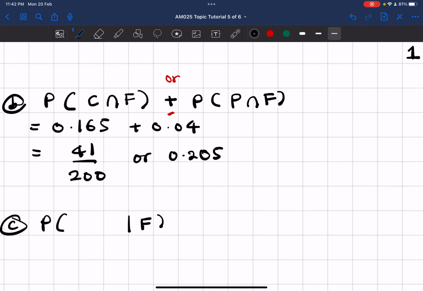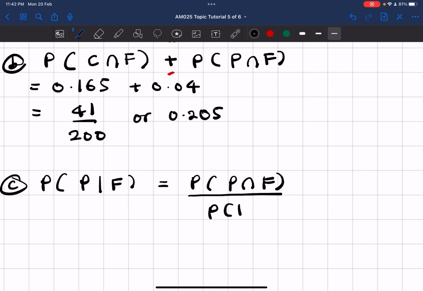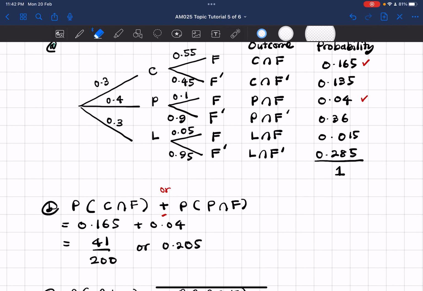Now let us find the probability, using the conditional probability of P intersect F divided by the probability of F. So what is the probability of P intersect F? The probability of P intersect F is 0.04.